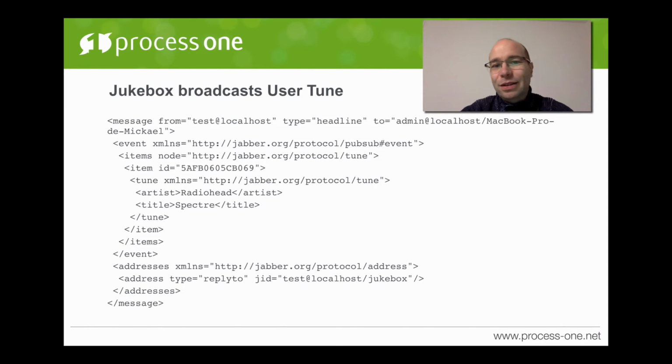So to spice up the demo a bit, I've made the jukebox able to broadcast user tune. User tune is another specification of XMPP that allows your contact to share the tune they are currently listening to.